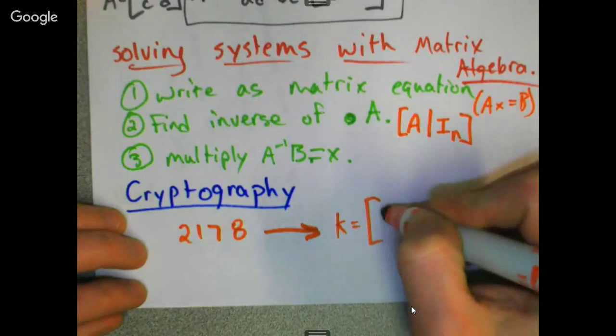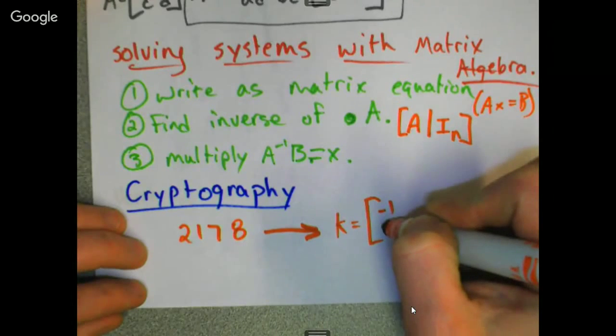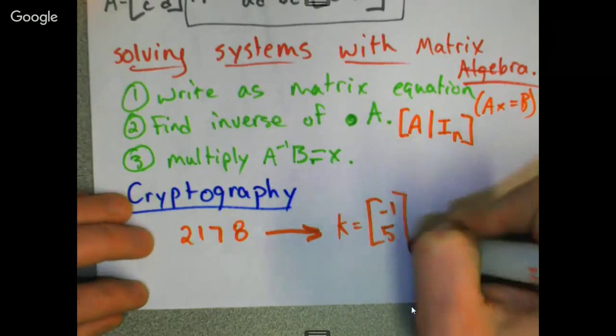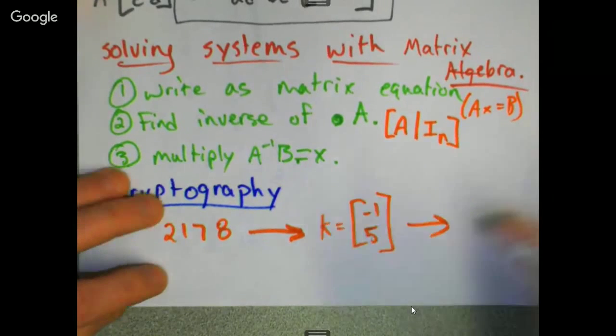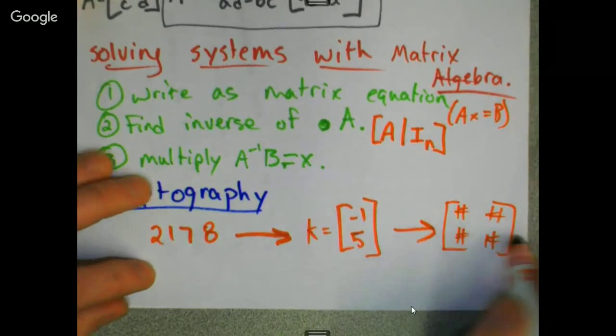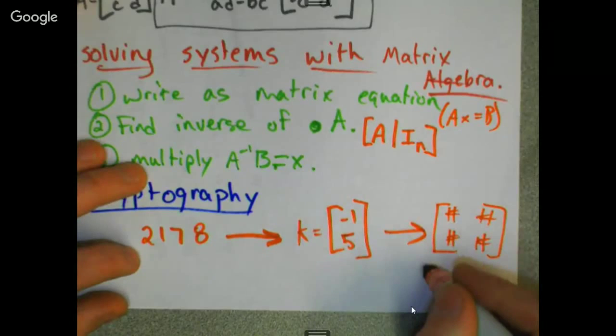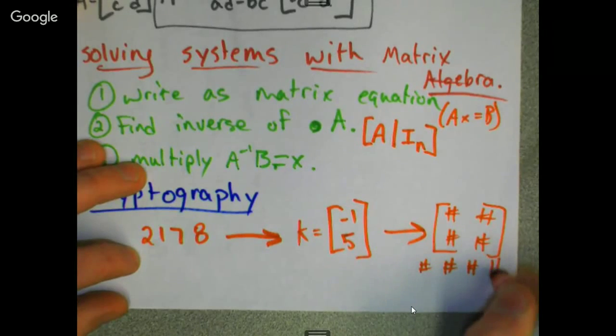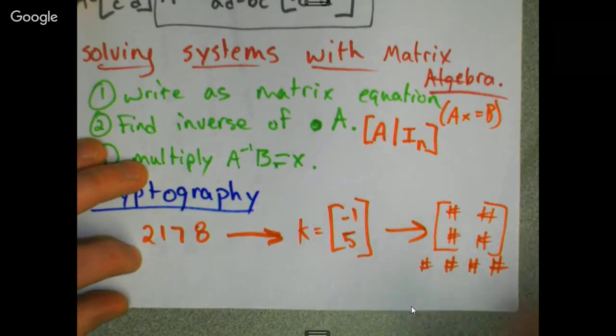Let's say -1, 5. And then when I multiply it, I get some new matrix with numbers in it. I'm just going to send this string of 4 numbers, whatever the numbers are. This is what I'm sending, maybe through email or something.